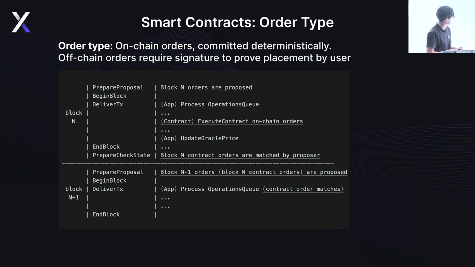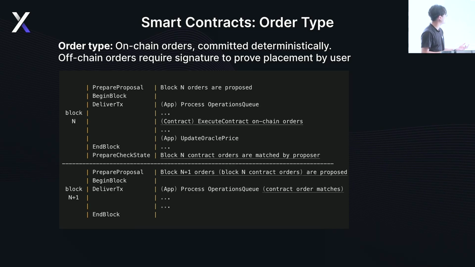This is a quick diagram of how the life cycle of smart contract orders will go. On block N, during DeliverTx, the contract executes from the user. It deterministically includes some on-chain orders and commits them to state.